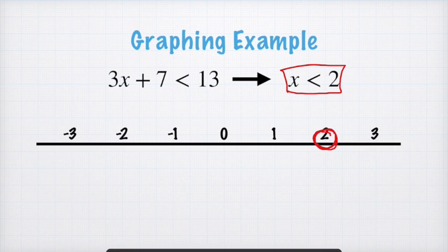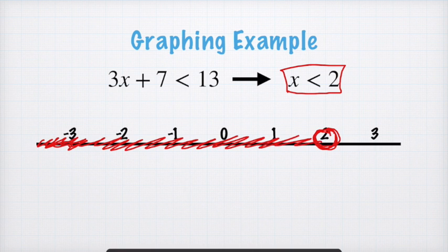Because if we plug in 2, then we have 6 plus 7 is 13. 13 is equal to 13, so it wouldn't be less than, so it wouldn't work. So we're going to put an open circle there. We want everything less than that. So less than means that it's going to be to the left. We're going to shade in everything to the left of that.